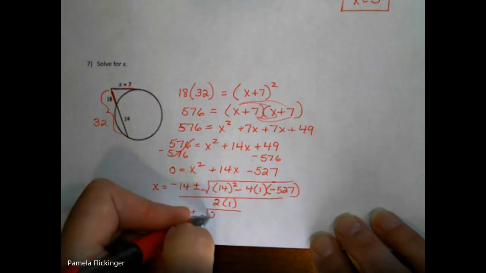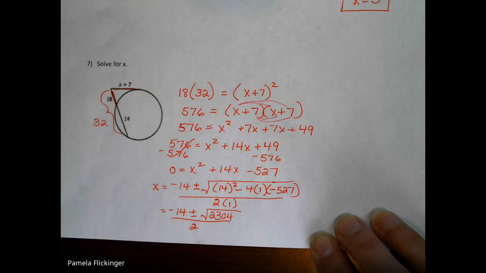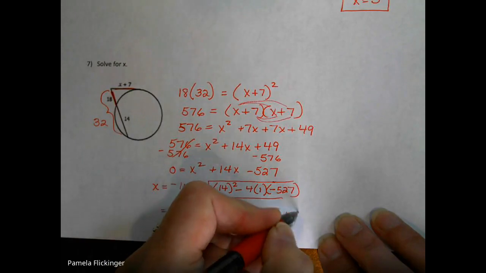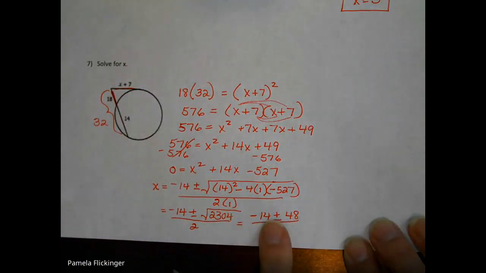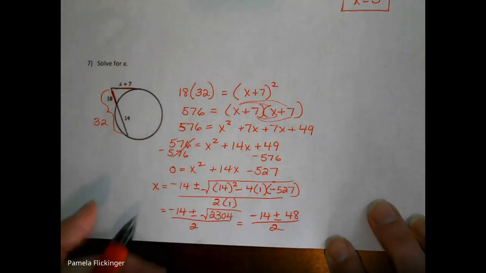And we get 2304 over 2, and the square root of that is 48. So we've got negative 14 plus 48 over 2, and then negative 14 minus 48 over 2.